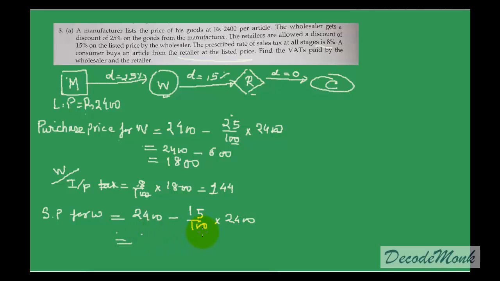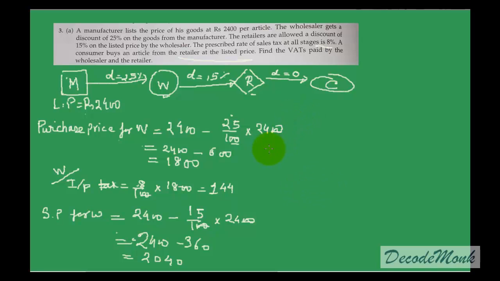If you calculate this, the zeros cancel, and 15 into 24 will give you 360. 2400 minus 360 will give you 2040. So now we have got the selling price for the wholesaler.